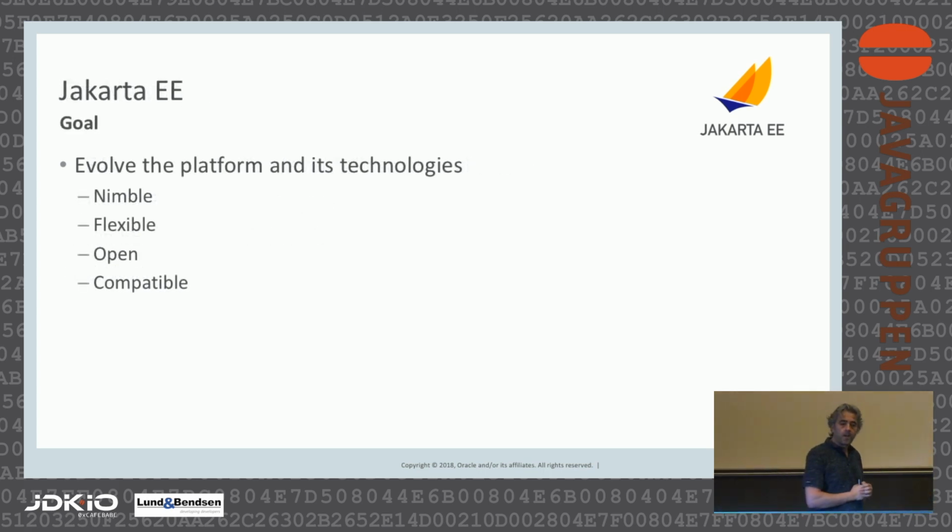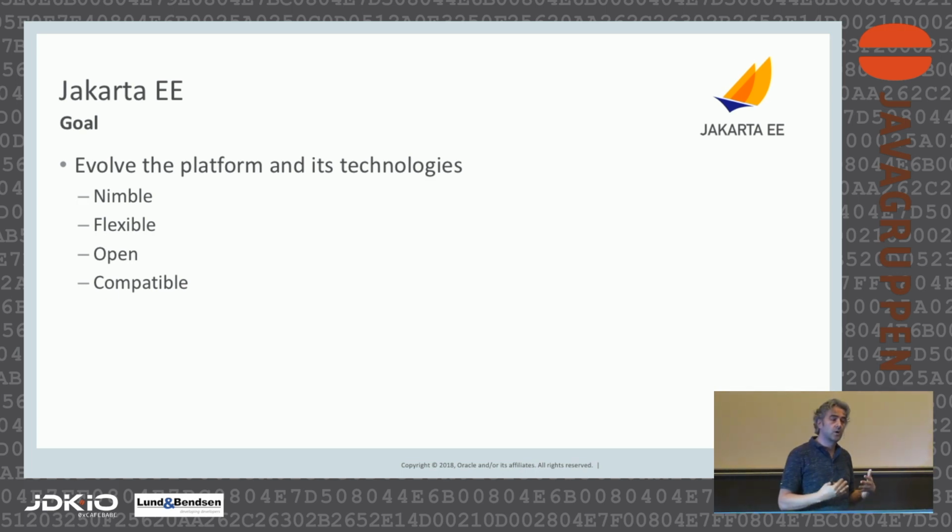So, the goal of Jakarta EE is basically to evolve the Java EE platform to make sure that we can address the complaints that we had through the years, like it was slow to evolve, but also address new requirements coming from the market, such as, for example, being more reactive, probably also address microservices.